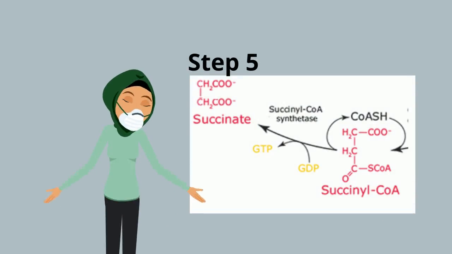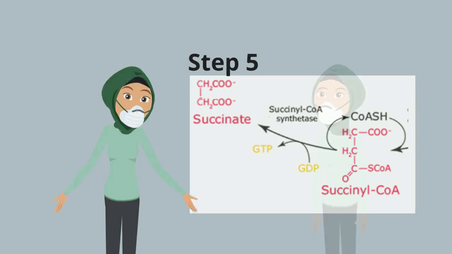In the fifth step, the reaction involves succinyl-CoA, ADP and phosphate with the enzyme succinyl-CoA synthetase. The hydrolysis of this metabolite to succinate is coupled to the phosphorylation of guanosine diphosphate, or GDP, to guanosine triphosphate, GTP. The CoA in succinyl-CoA is replaced by a phosphate group and it will transform ADP to ATP.